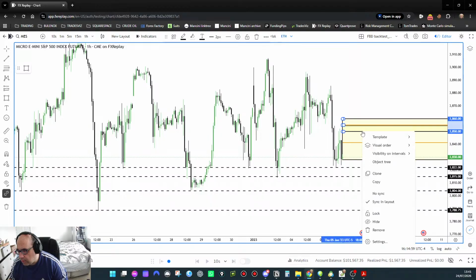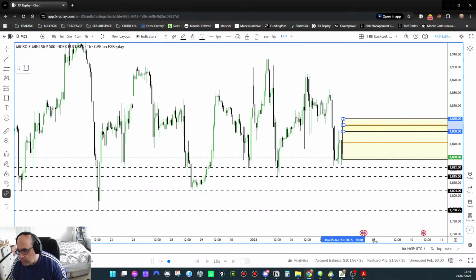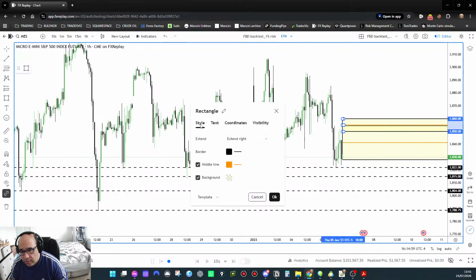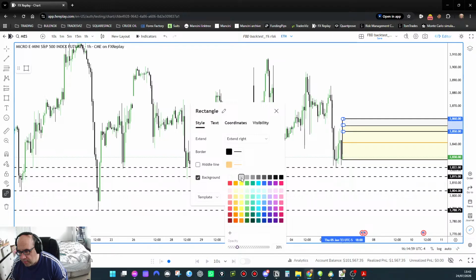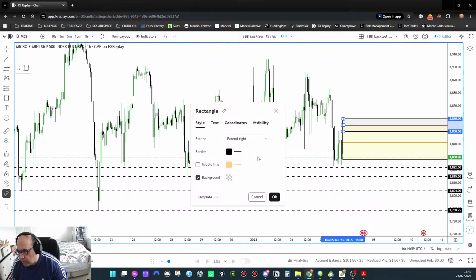Now I need to change the settings, the style of the right border, midline. I don't really want a midline in that. In the background, I'm gonna make it a gray one. More gray, yeah, like this. All right, 50 and 60.